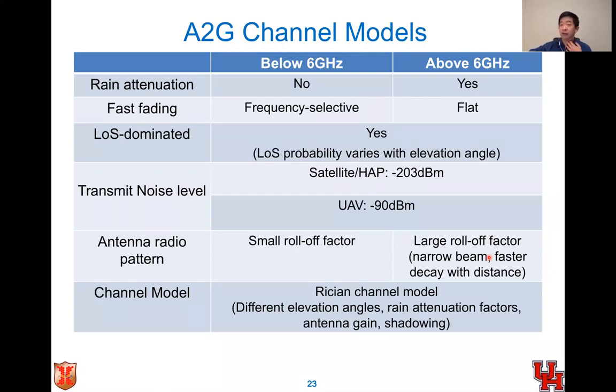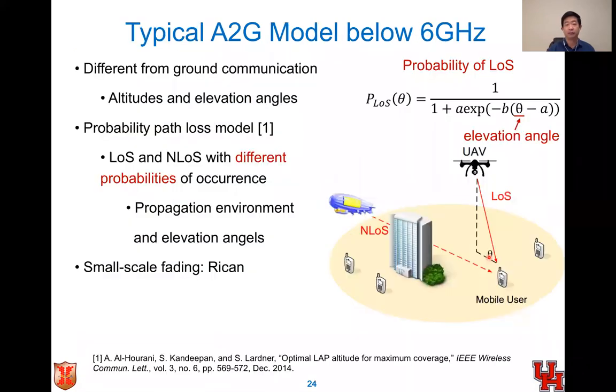For example, for SpaceX, they say that typical cell phone cannot connect to the Starlink. Instead, you will have a small base station, and then the small base station will connect to Wi-Fi. So this small base station will communicate above 6G. So this is a difference. So when you select the frequency, pay attention to this kind of difference.